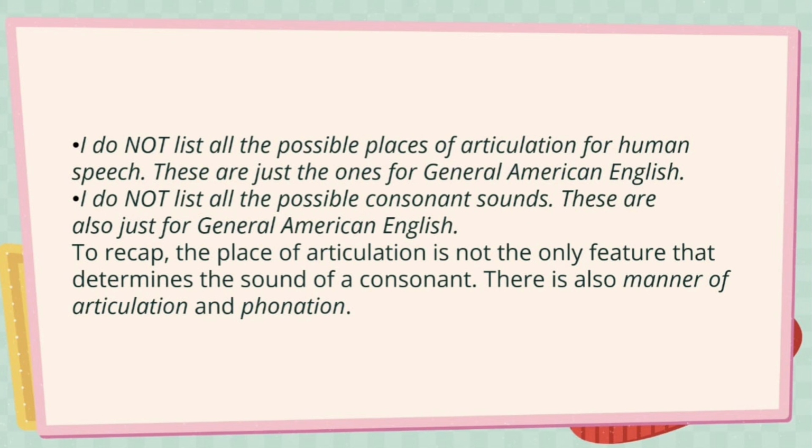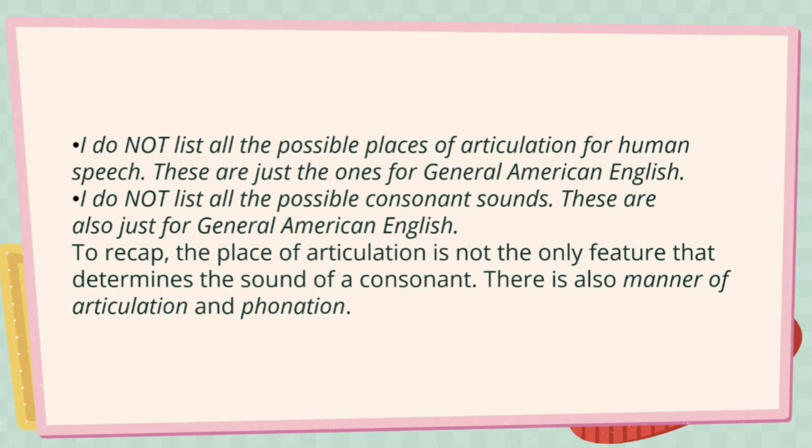Before we move on, I want to make a few important points. First, I do not list all the possible places of articulation for human speech. These are just the ones for general American English. Second, I do not list all the possible consonant sounds.